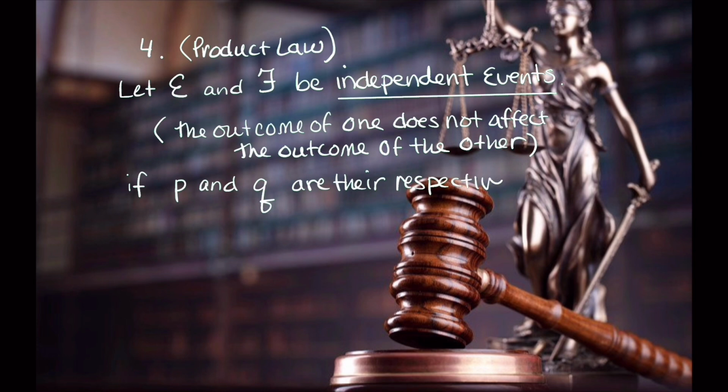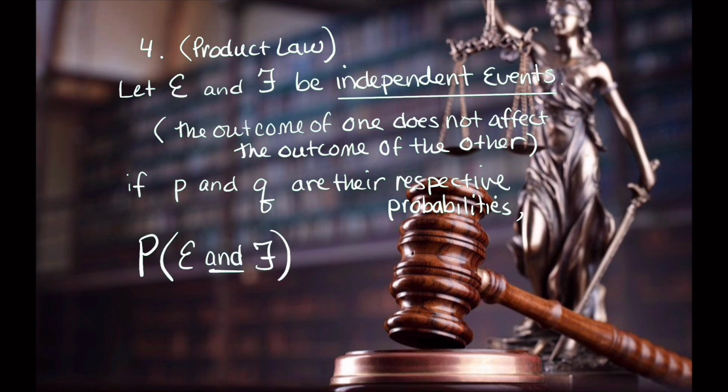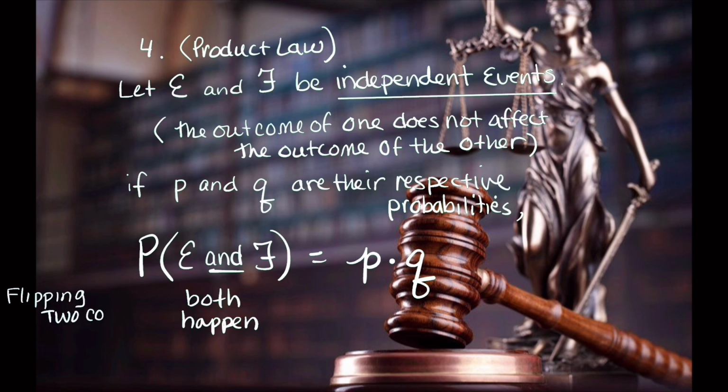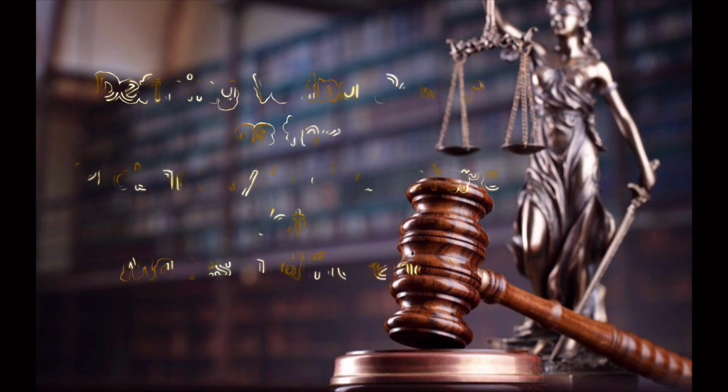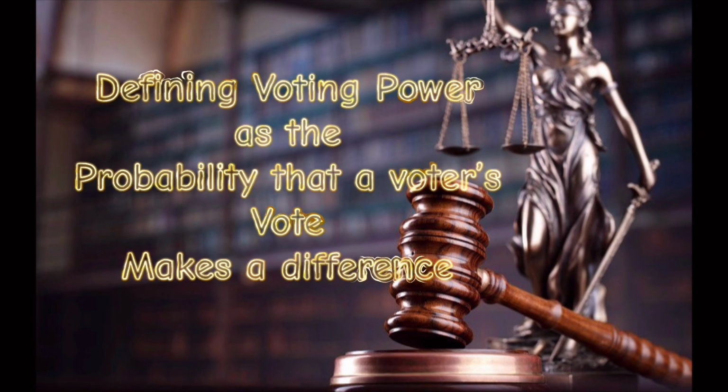So if P and Q are the respective probabilities for these two events, then the probability that both of these events will happen is P times Q, the probability of E and F. So if the probability is flipping two coins, and the first event is getting heads and the second event is getting heads, flipping the coins each time does not affect the outcome of the next flip.